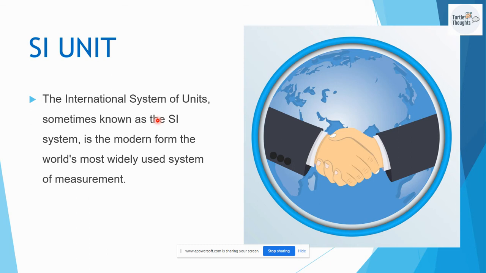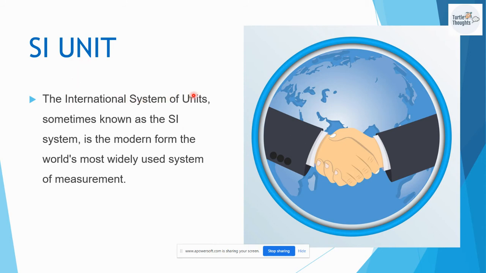Now, we require a single unit such that our communication becomes easy. What if I use a unit of my choice and the other person uses the unit of his choice? The communication becomes hard. So, how do we solve this problem? So, there comes the SI unit.